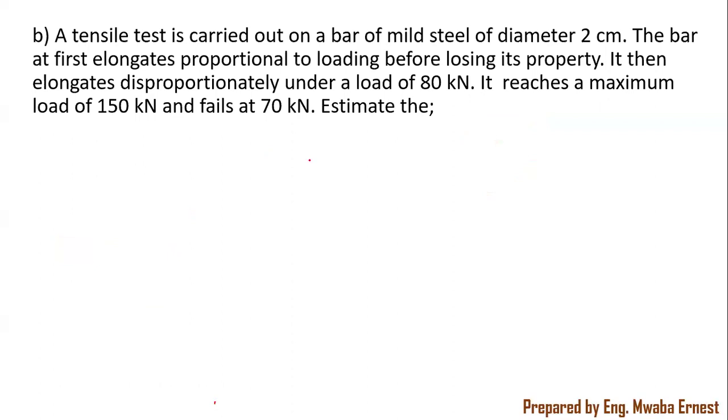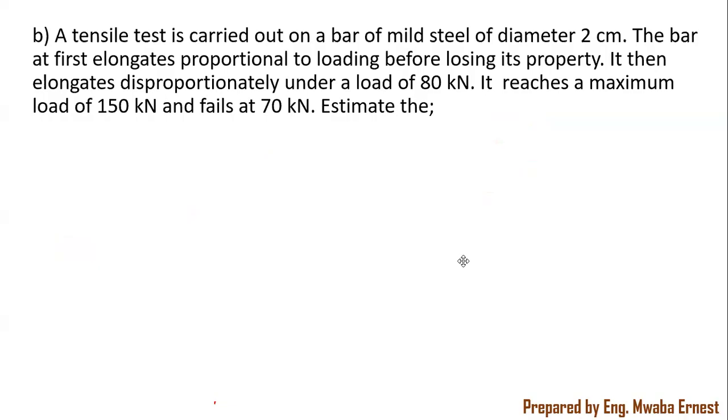Here's another one. This question says we have a tensile test carried out on a bar of mild steel, diameter 2 centimeters. The bar at first elongates proportional to the loading before losing its property. It then elongates disproportionately under a load of 80 kilonewtons.